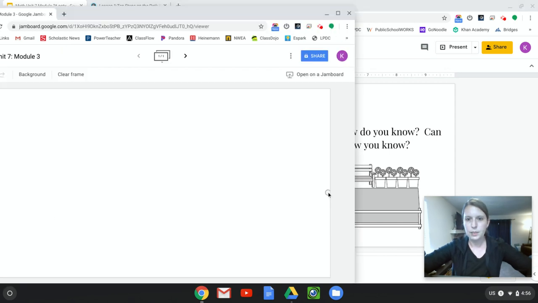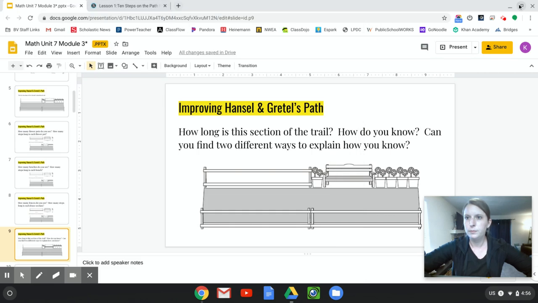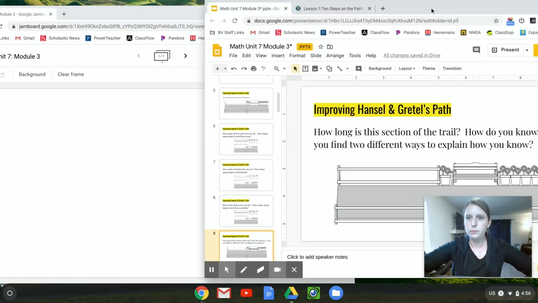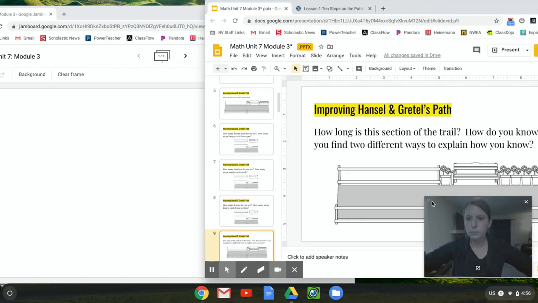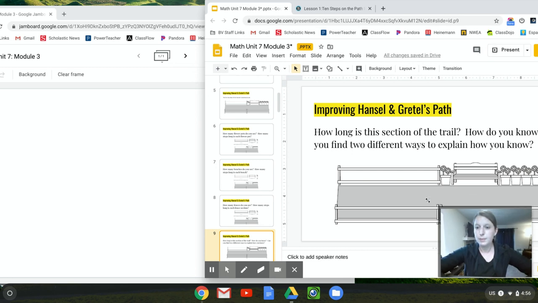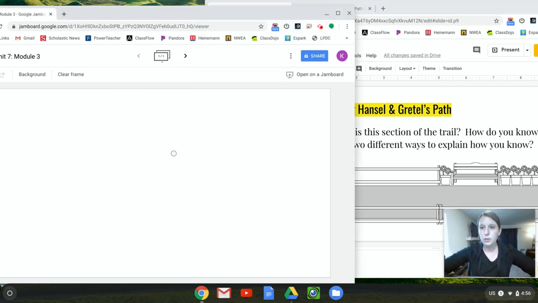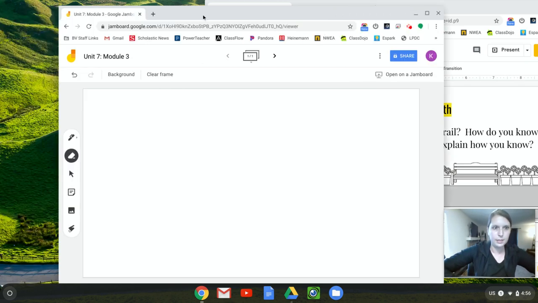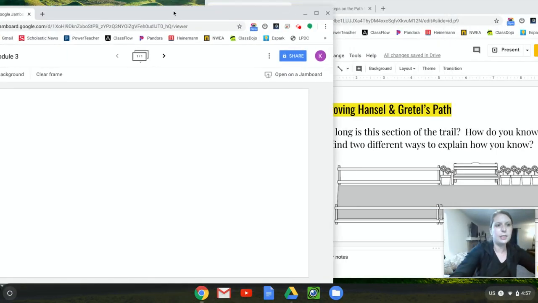So let me try something here. Let me make myself smaller. There we go. So if we have a fence, that is 10 steps long.